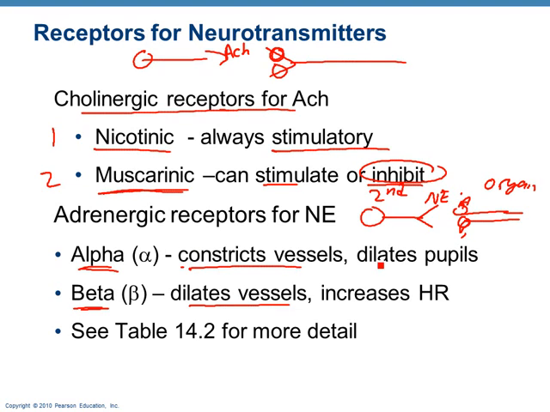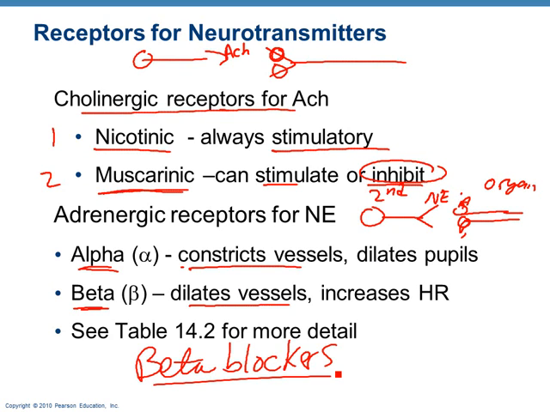Oh, beta blockers. You've heard of beta blockers, right? Let's think about what a beta blocker is. Let's talk about a blood vessel.